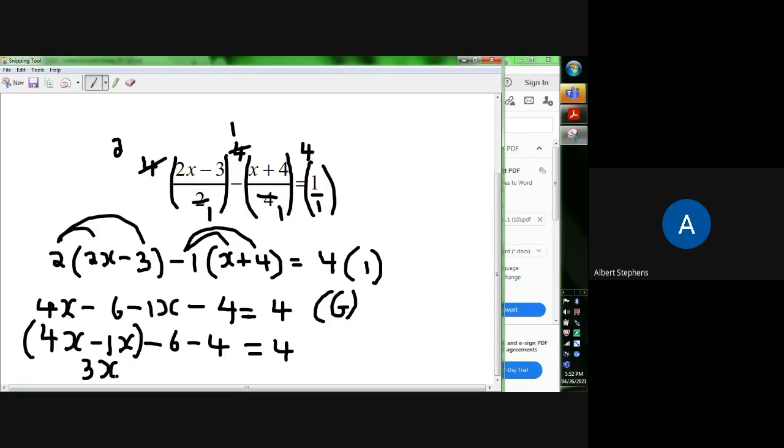What about this one over here, sir? So you're going to have negative 10. A negative and a negative make a positive, right? Negative 10 equal 4.